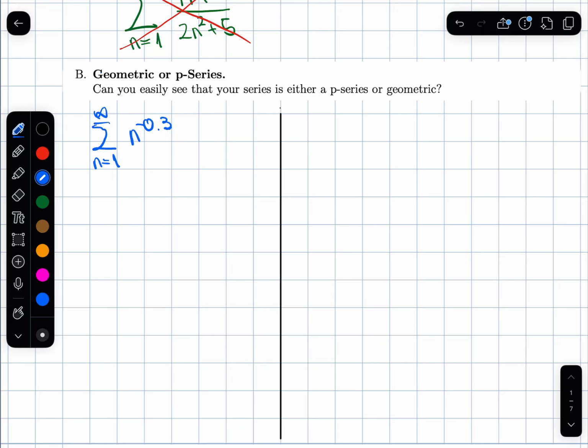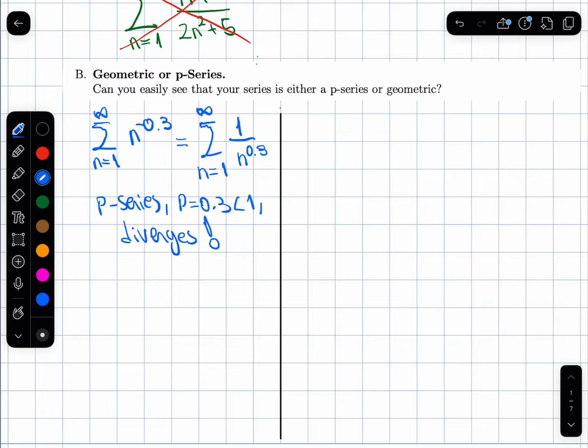Maybe it isn't exactly one right now, but I can make it one with a simple change here. So it's a p-series. p equals 0.3 is less than 1, so this diverges. So this is very, very nice. Easy to recognize. A bunch of other examples here.